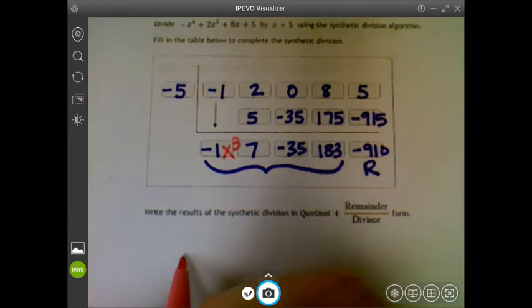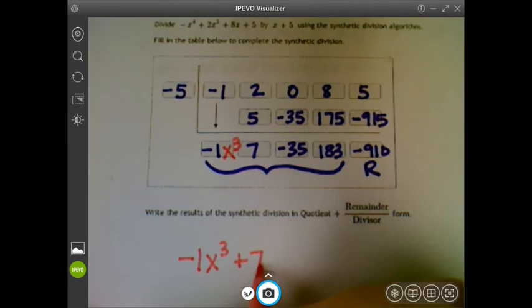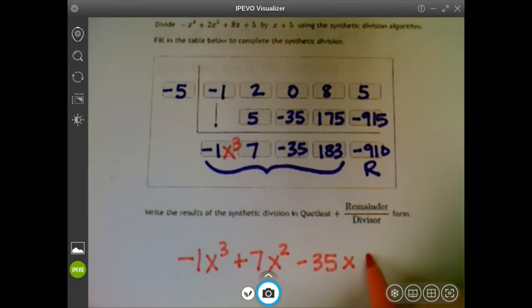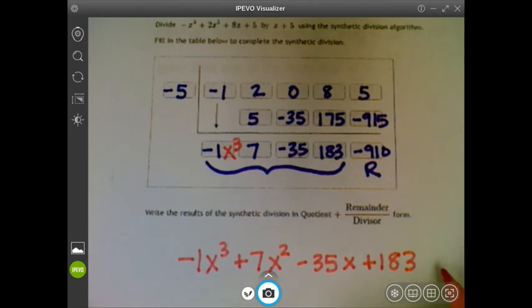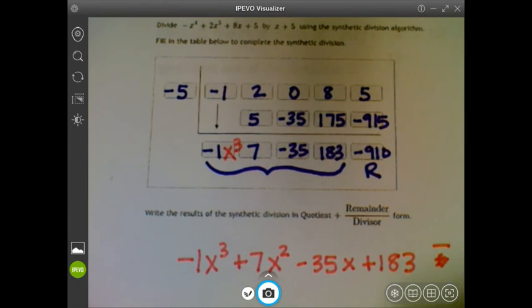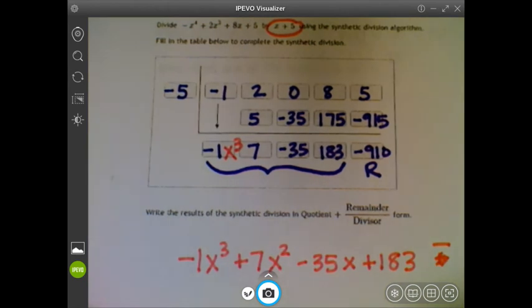So the results would be a negative 1x cubed plus a 7x squared minus 35x plus 183. And then the remainder, this would be technically a minus because it's negative 910 over what we were dividing by, x plus 5.